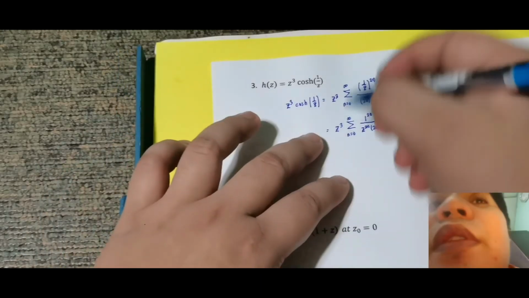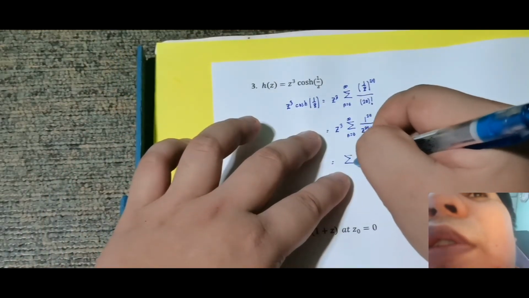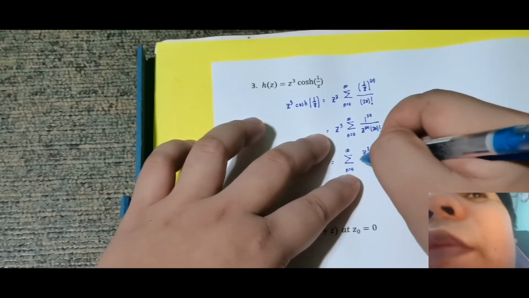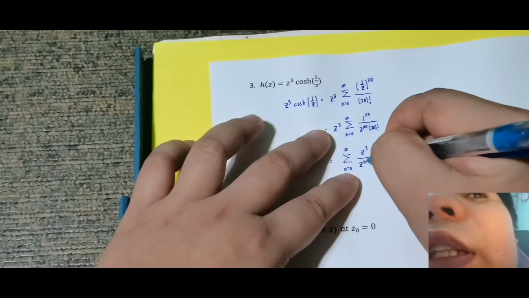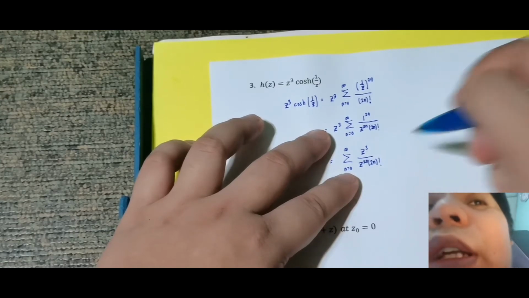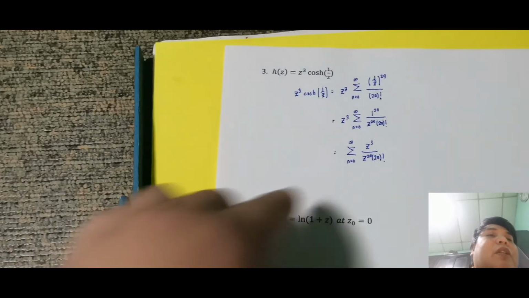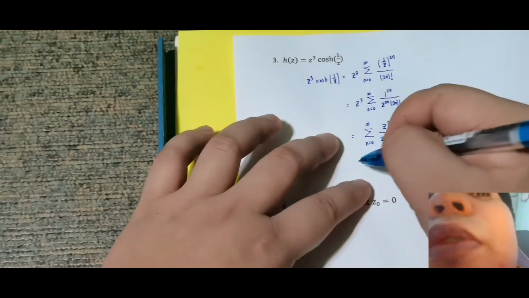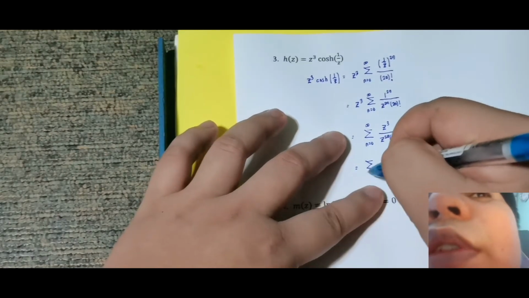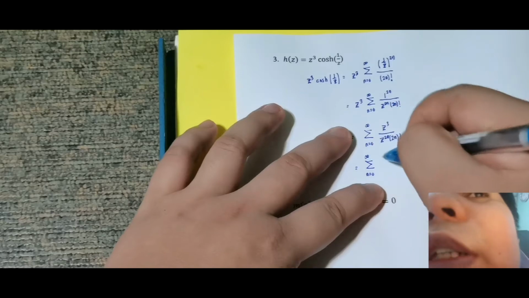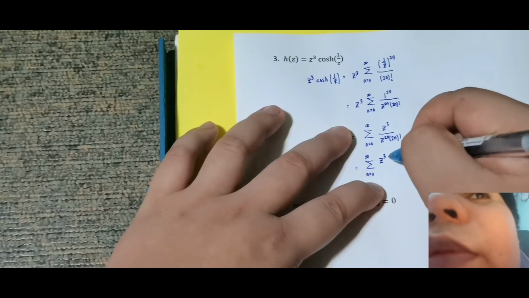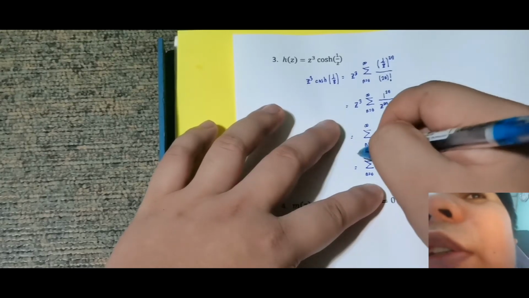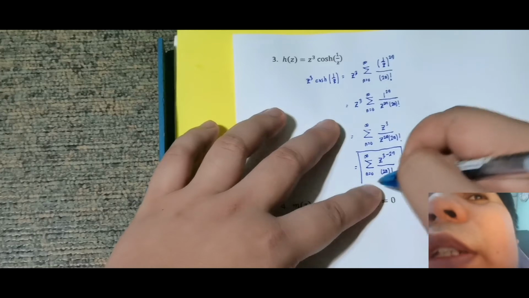So ang mangyari, this is just equal sa summation for n is equal to 0 up to infinity ng z cube over z raised sa 2n then 2n factorial. Next, ang goal natin dapat yung z nasa taas. So meaning yung z raised to 2n magiging z raised to negative 2n tas attach natin sa z cube. So therefore, this is just equal sa summation for n is equal to 0 up to infinity ng z raised sa 3 minus 2n over 2n factorial. So ito yung kanyang Maclaurin series representation.